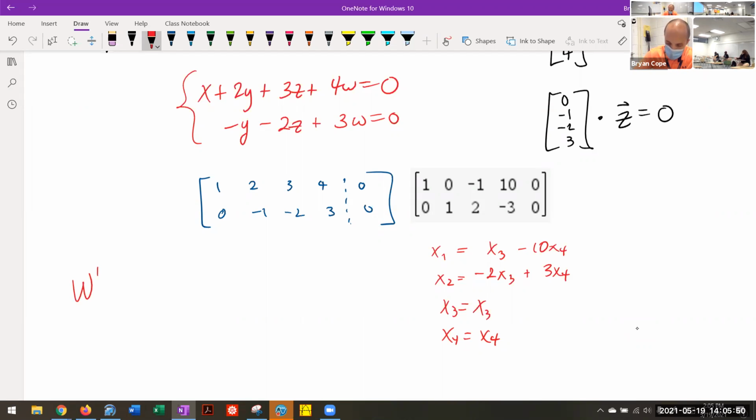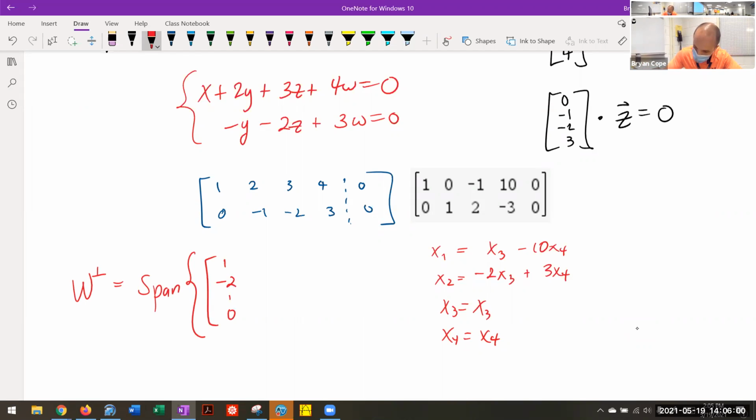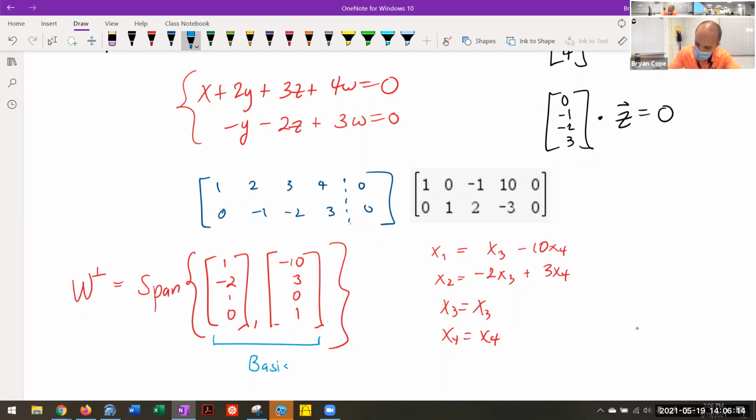So W perp, remember that abbreviation? The orthogonal complement of W is the span of the 2 vectors 1, -2, 1, 0. That's all the coefficients of the x3. And then -10, 3, 0, 1. So if that's W perp, the basis for W perp is just these 2 vectors right here.